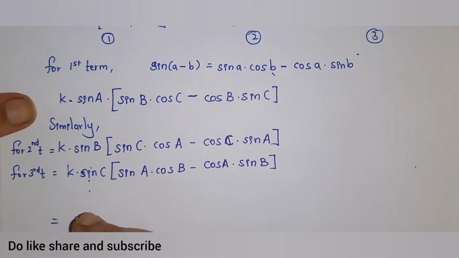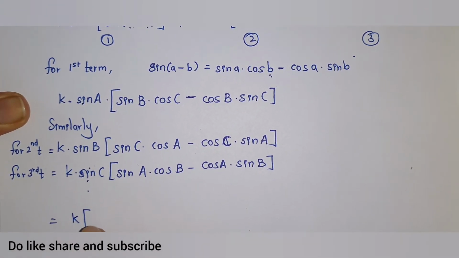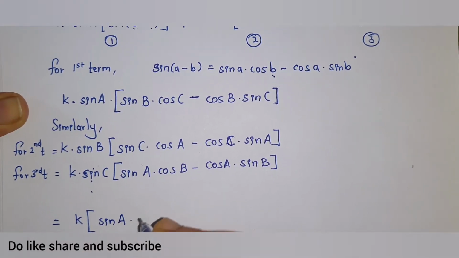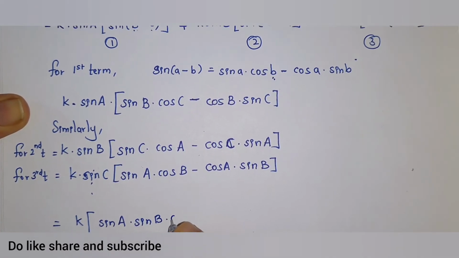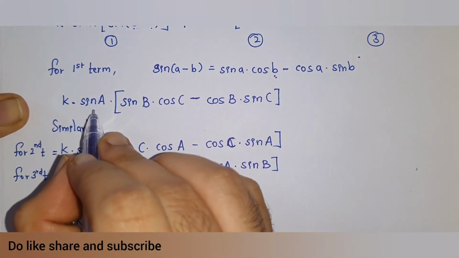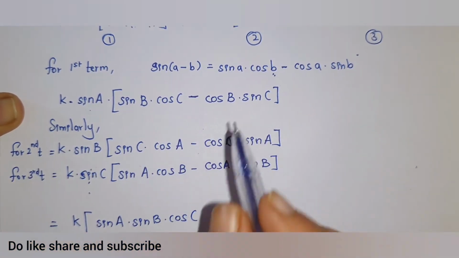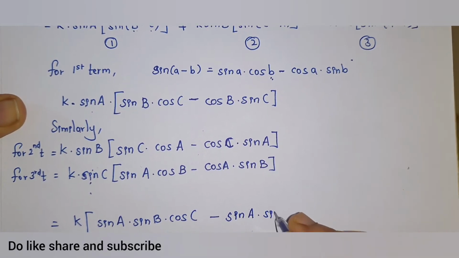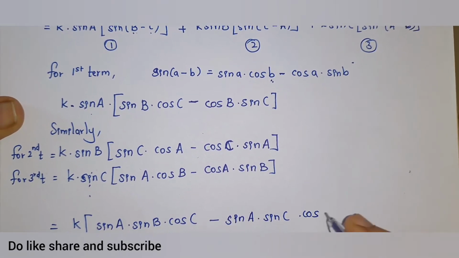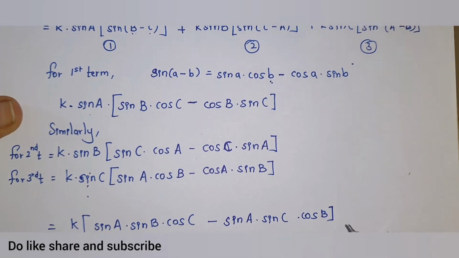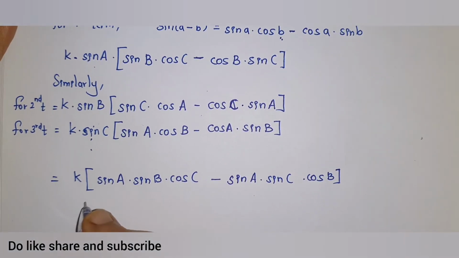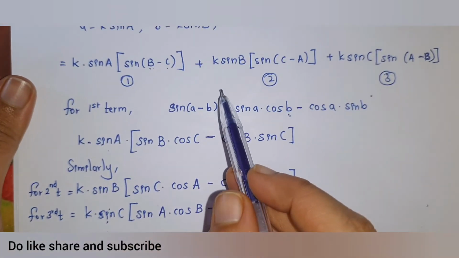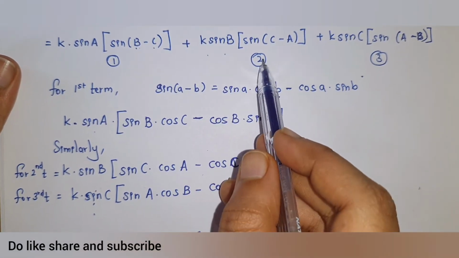So now taking all terms, k will be coming common from all the terms, therefore sine of A into sine of B into cos of C minus, this first term will get sine A multiplied inside, therefore we'll be getting sine of A into sine of C into cos of B. This is our first term, plus k into, now for the second term, we have k sine B into sine(C minus A).